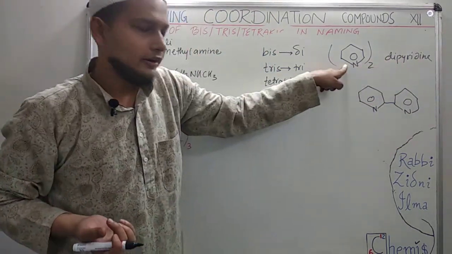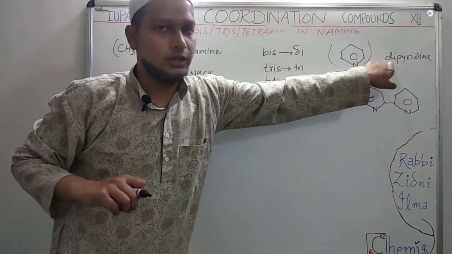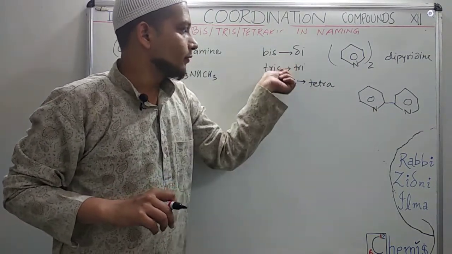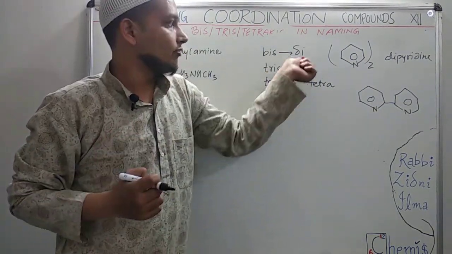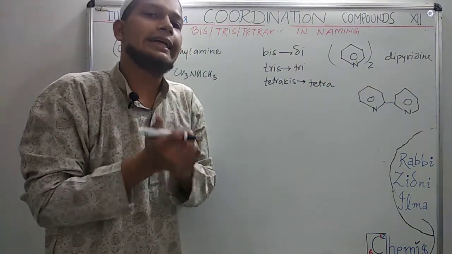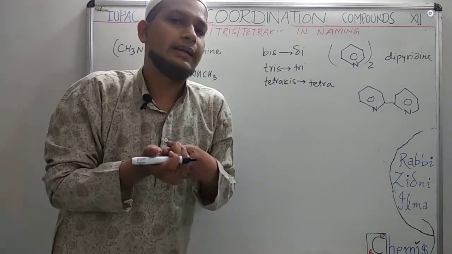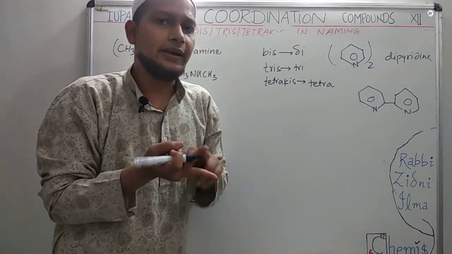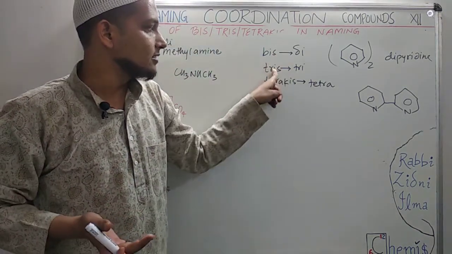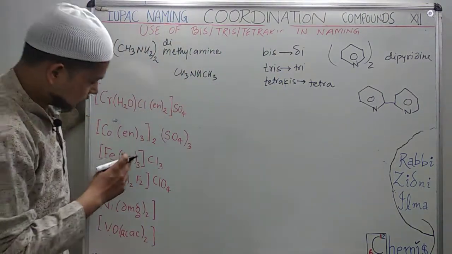So in order to avoid these confusions, use bis, tris and tetrakis in place of di, tri, tetra. Also one more thing, in case the name of the ligand contains di, tri, tetra, penta, words like these, then we will use bis, tris and tetrakis.